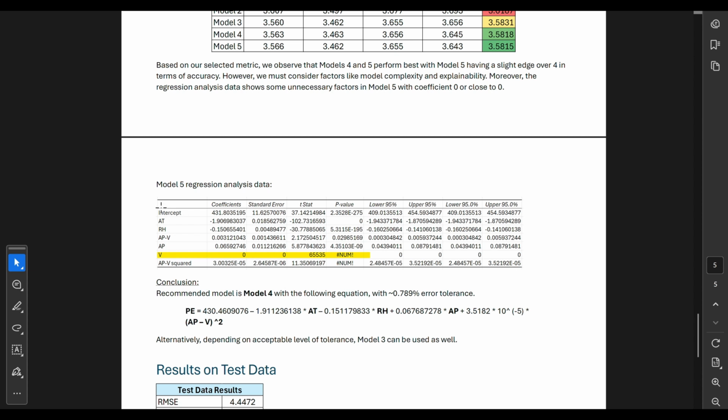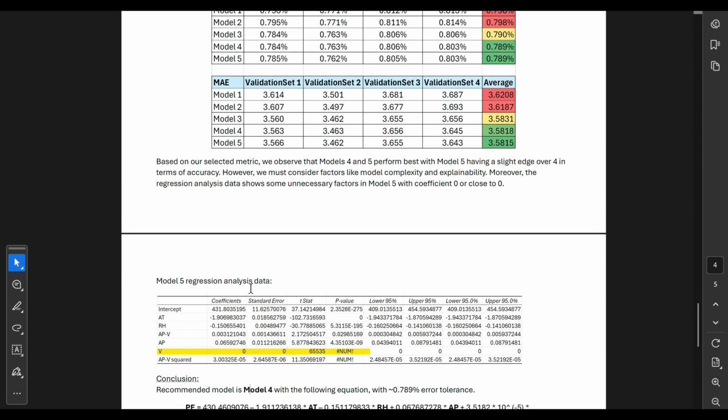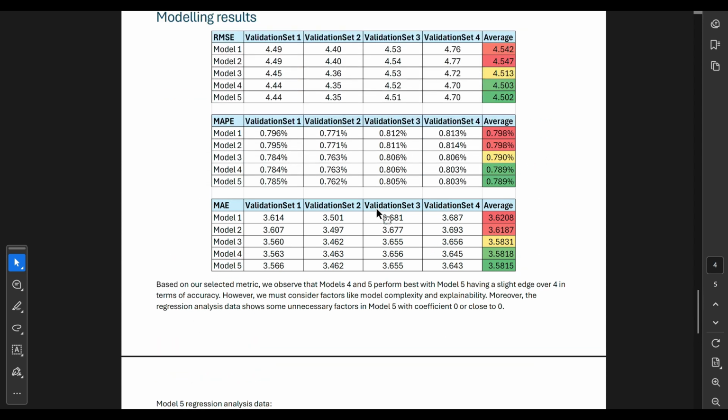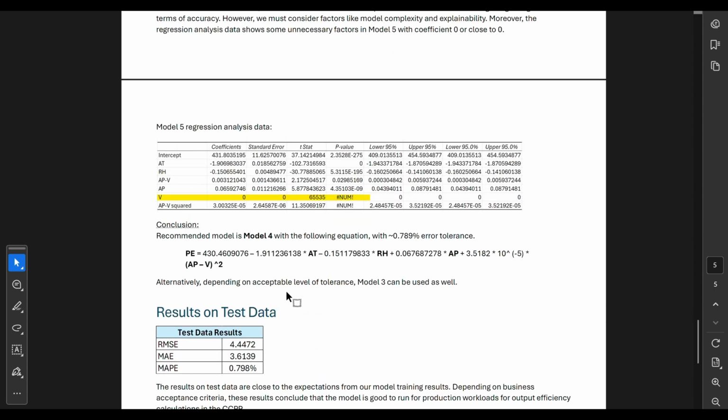And having just these many features with so much interaction between them makes it ever so complicated. Given that information, my recommendation would be to go for model 4, which provides a fairly high accuracy among the models that we have tested.